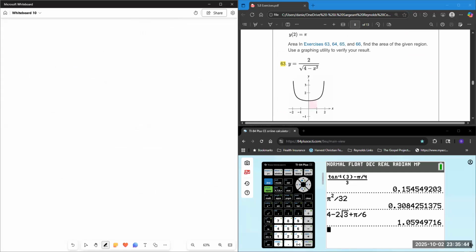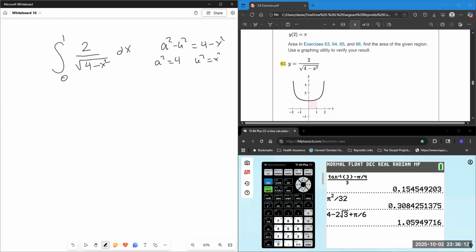Problem 63 asks me to find the area under the curve for the function that has 2 over root 4 minus x squared in the denominator dx, where x is going from 0 to 1. And so this is in the form of a squared minus u squared, where 4 minus x squared, so a squared is 4.